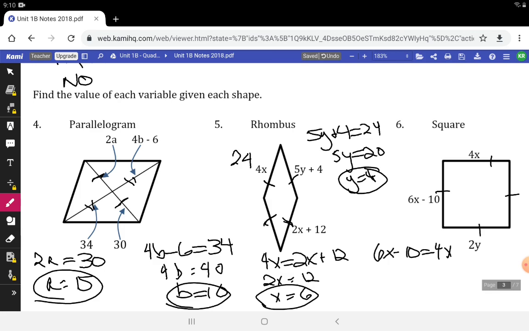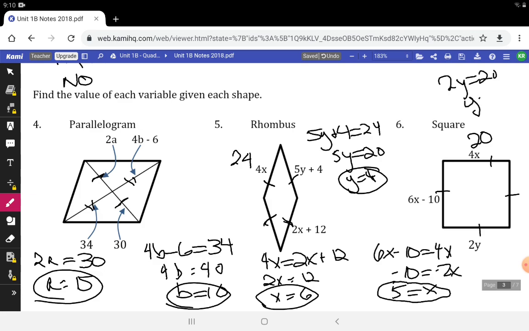We can subtract the 6x from both sides, so negative 10 is equal to negative 2x. X is equal to 5. Then substituting the 5 in for x, we know each side is 20, which means that 2y equals 20, which means that y equals 10.